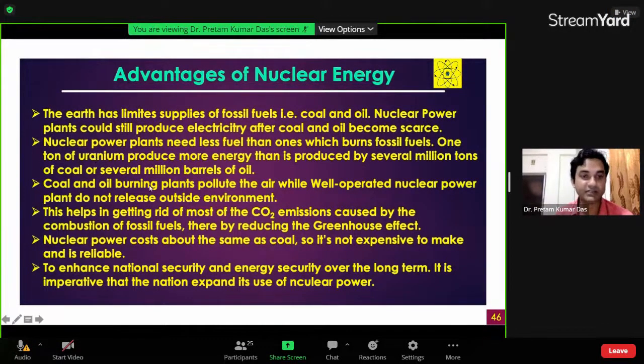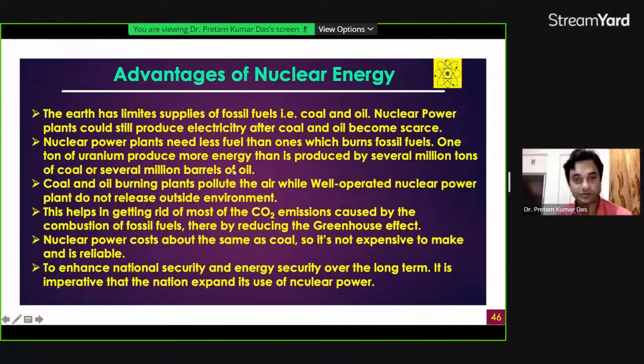But on the other hand, coal or oil power plants emit lots of greenhouse gases. So this helps get rid of most of the carbon dioxide emission caused by the combustion of fossil fuel, thereby reducing the greenhouse effect. And nuclear power costs about the same as coal, so it's not expensive to make and is reliable.